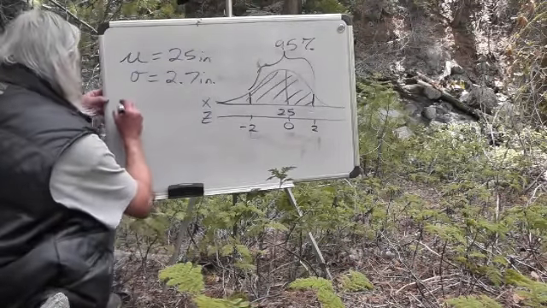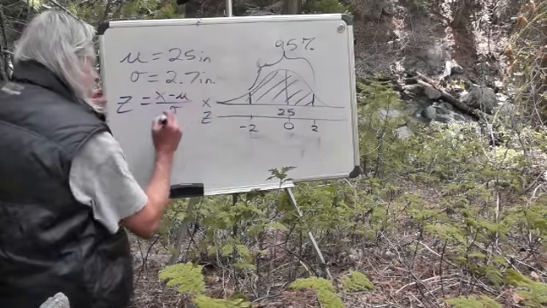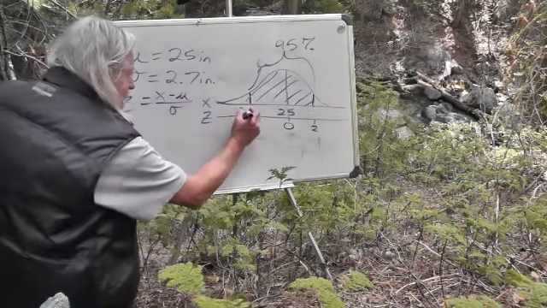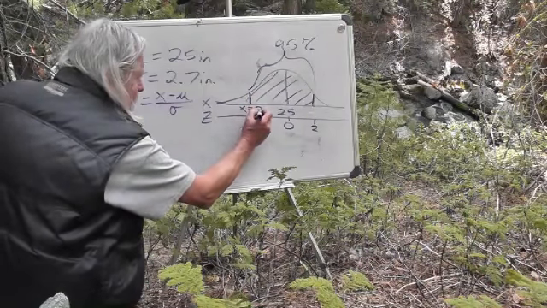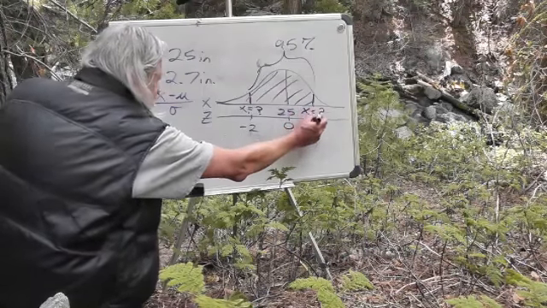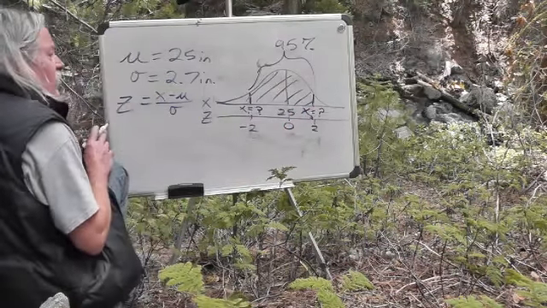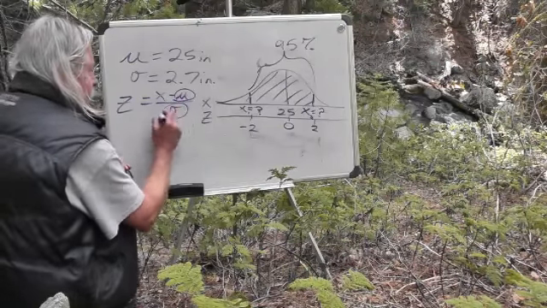Okay, now what we're going to do is use the formula z equals x minus mu over sigma. And we don't know these x values. Let's call this x1, which we don't know, and then we have x2, which we don't know. So we're trying to find x. We have mu, we have sigma.